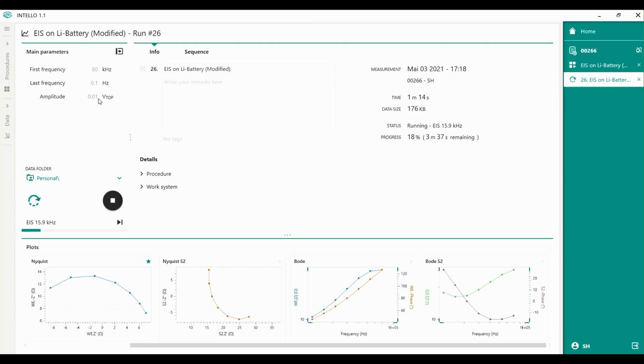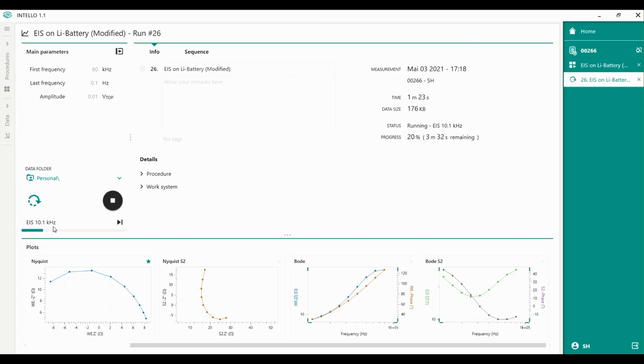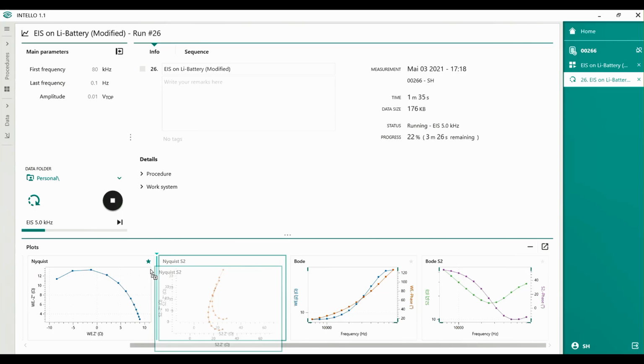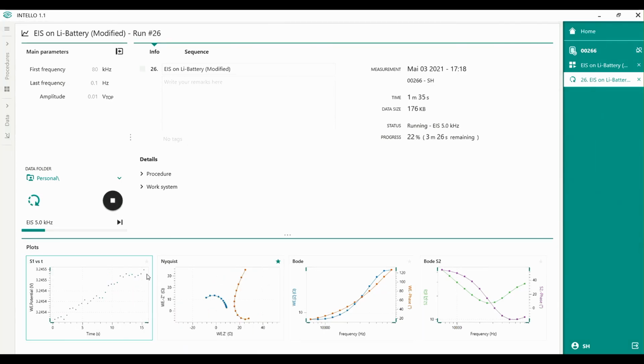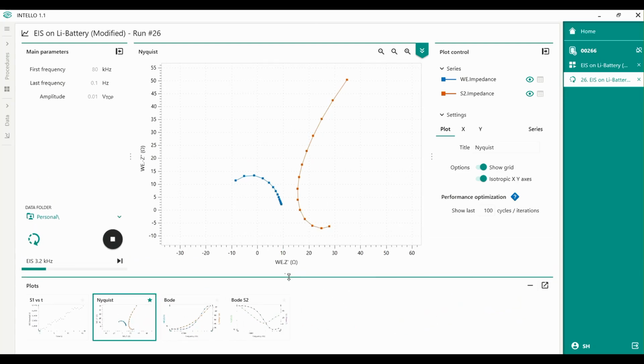This amplitude is sufficient. It should not be higher, so that the battery is kept in a constant, steady state. And here the frequency which is measured is displayed. Now we are at 8 kilohertz. And in the down part you see that the plots are building up, and to keep the overview quite nice, we are also able to merge plots.